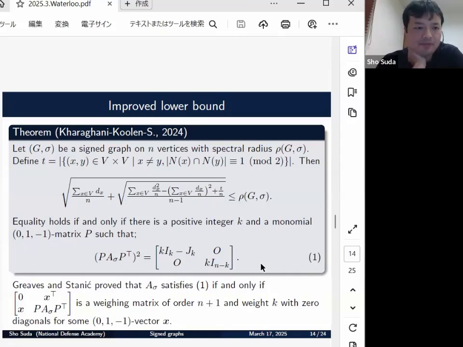After I proved this theorem, I realized that these two people, Gary Greaves and Duran Stanich, proved the following: a 0, 1, minus 1 matrix A sigma is a signed adjacency matrix satisfying this matrix equation if and only if this bordered matrix becomes a Wang matrix of order n plus 1 and weight k, with zero diagonals, for some column vector x with entries from 0, 1, minus 1.